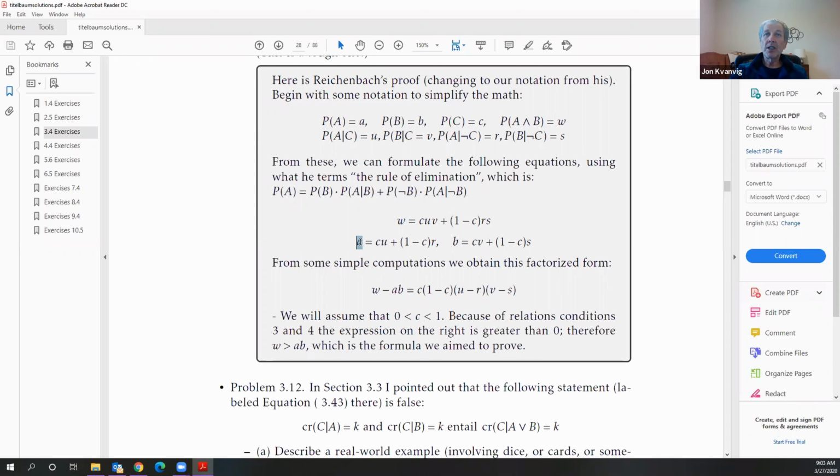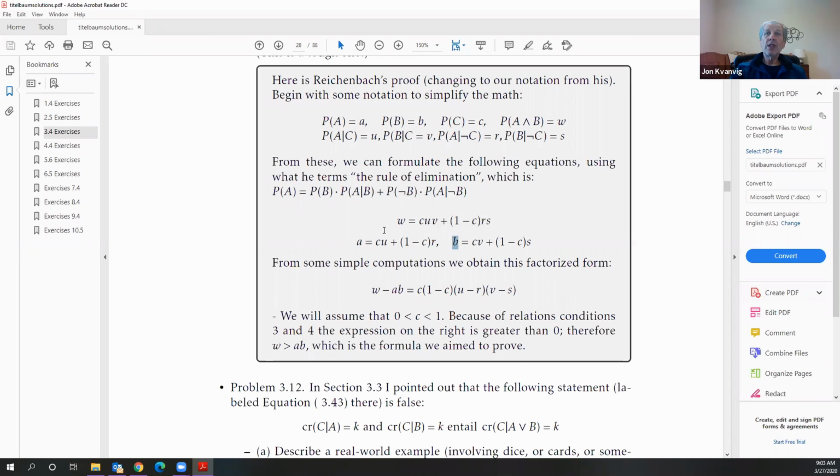We get a similar equation for the probability of A and another one for the probability of B. Now notice what we're being asked to do is find out the relationship between W, A, and B. And what we're supposed to show is that W is strictly larger than the product of A times B.